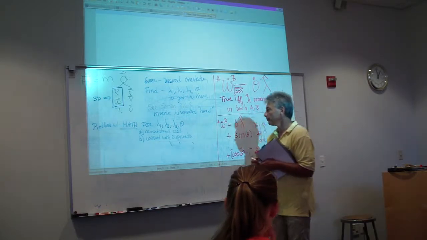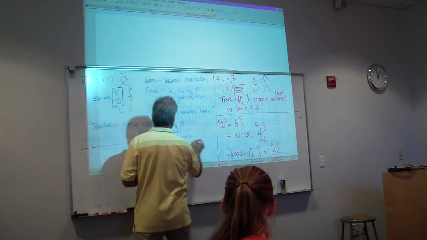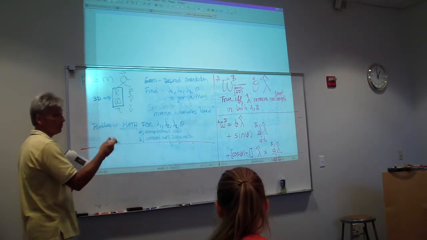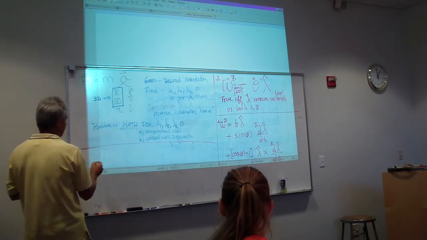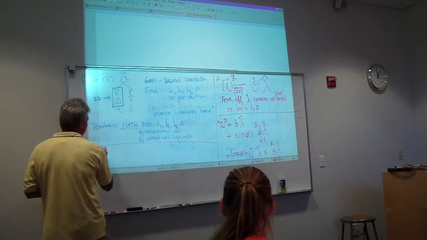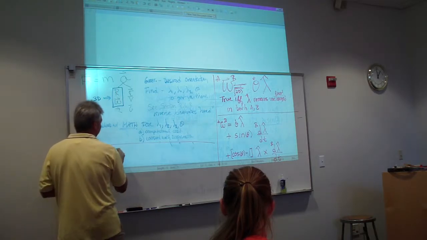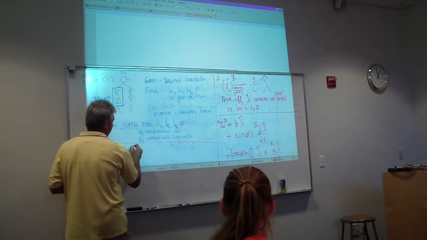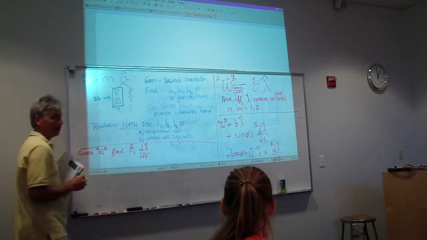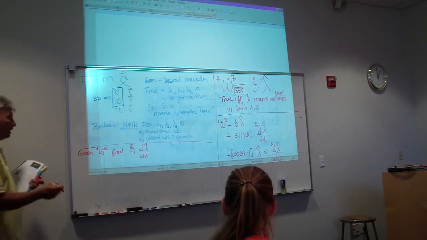Now, the problems with the math for lambda 1, lambda 2, lambda 3, and theta actually keep on getting worse. So if now someone says, given omega B and A, find theta dot and then d lambda dt. Okay? So now we're doing, again, an inverse problem.